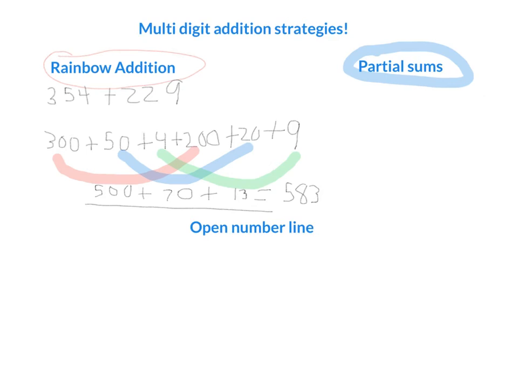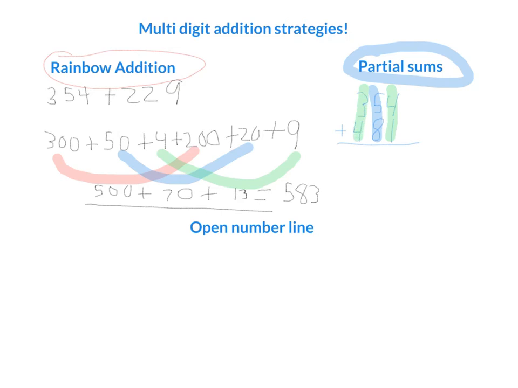So first I'll write our problem up top: 354 plus 481. We know that our ones place is right here, our tens place is here, and our hundreds place is right here.